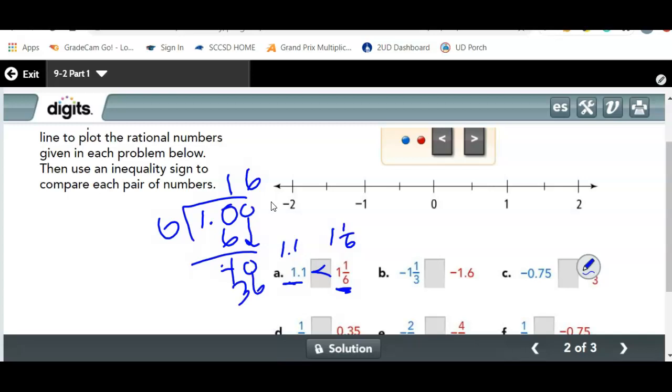Can I stop here? I can stop here because this goes into the hundredths spot. I can compare them now. So we have 1 and 1/10, or 1.10, and 1.166. This is larger.